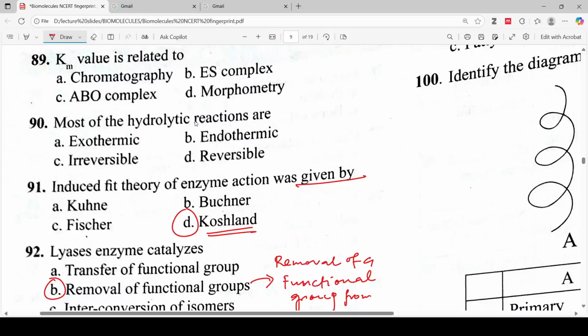Most of the hydrolytic reactions are exothermic, because when hydrolytic enzymes act inside the cell, energy is released.